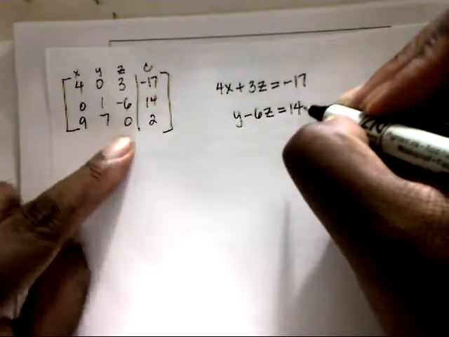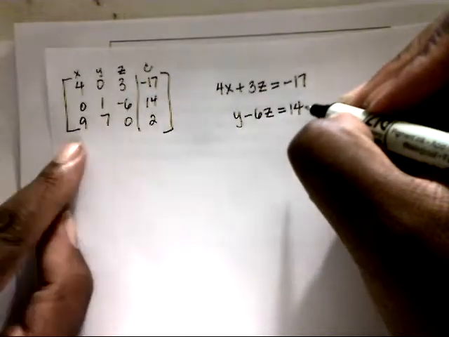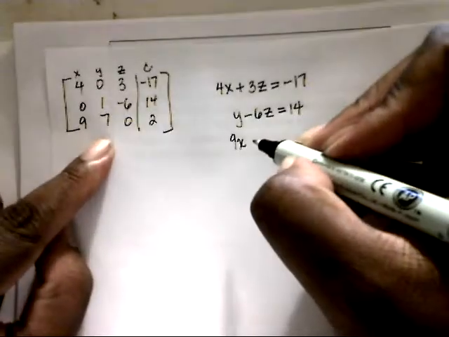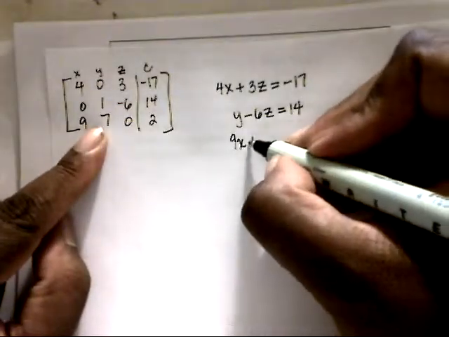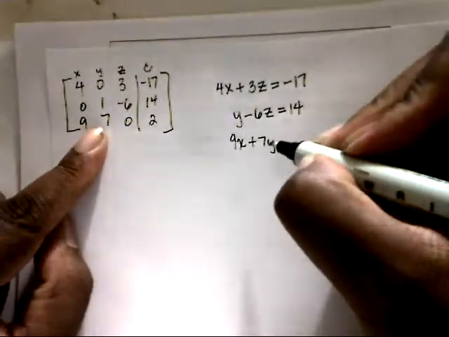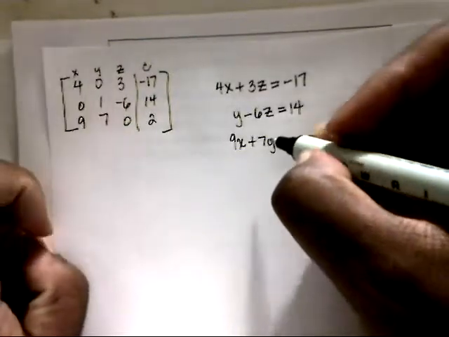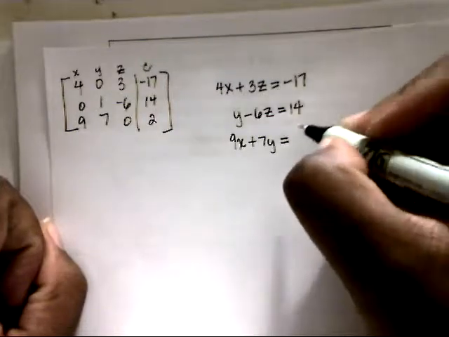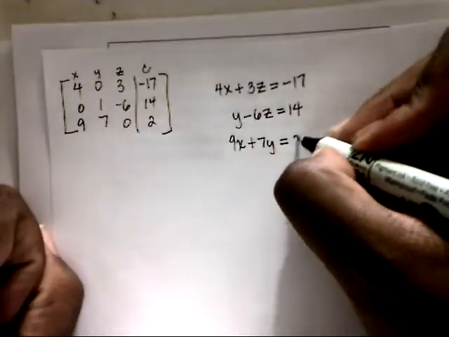And then finally, for this last row, 9, 7, 0, and 2, the 9 is your coefficient of x, so that's 9x. The 7 represents your coefficient for y, so that's plus 7y. Your 0 is the coefficient of z, so you don't have to write down 0z, and that's equal to your constant, which is 2.